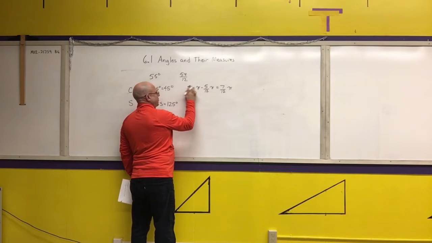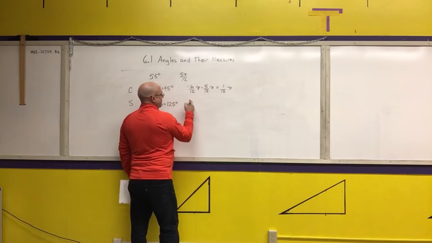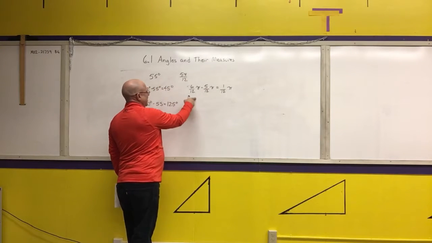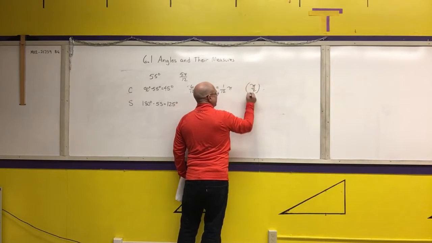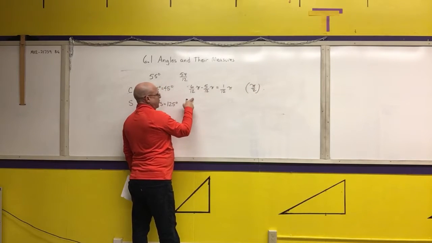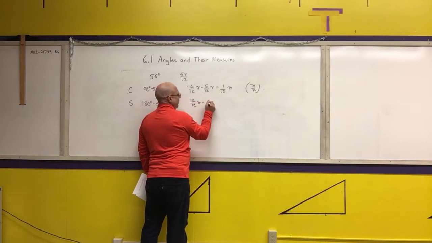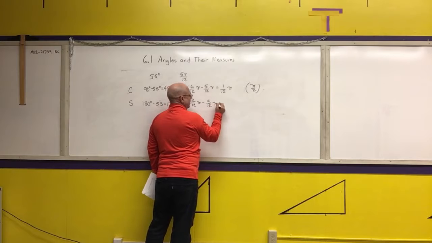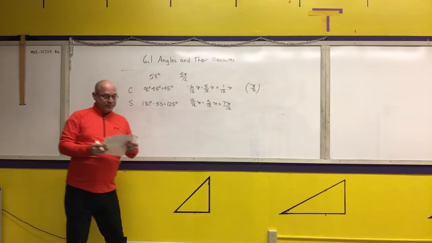So that would be 6 minus 5 is 1. So complement is pi halves, 90 degrees. Supplement is a full pi, so 12 12ths pi minus 5 12ths pi is 7 12ths pi.